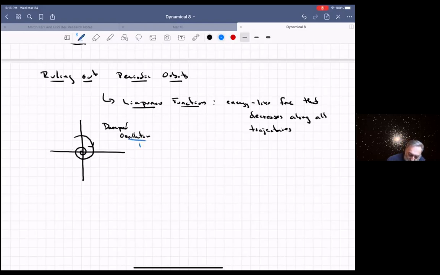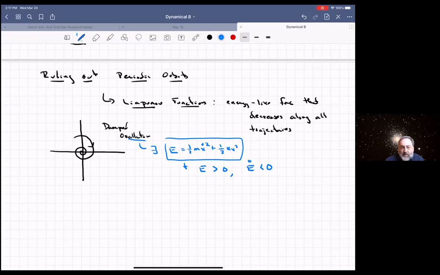But from a physics standpoint, there exists an energy, E equals 1/2 m x dot squared plus 1/2 k x squared. So there's this function, the energy, and E is everywhere positive, but E dot is negative because I'm spiraling into the origin.